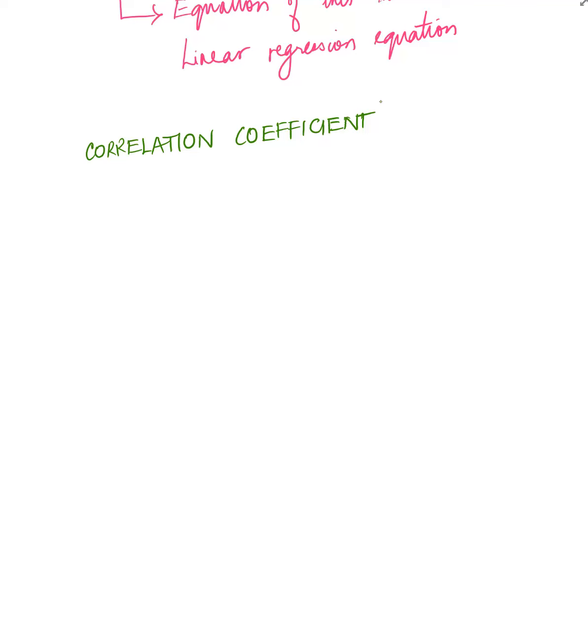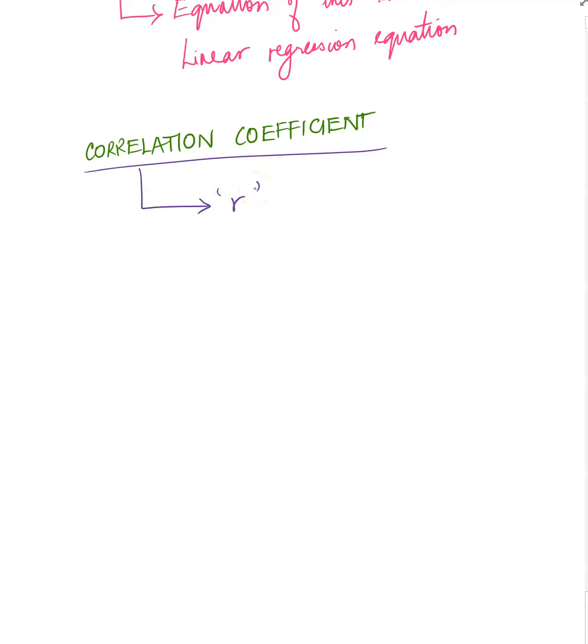And if it is reasonably looking like a line, the points are lining up as a close fit to a straight line, then you're able to say, okay, we can even come up with the equation of that line. Now, the correlation coefficient, okay, this is represented by the lowercase letter r.